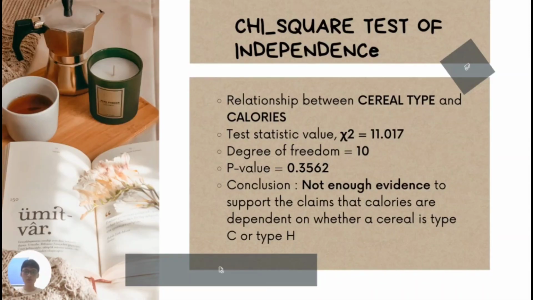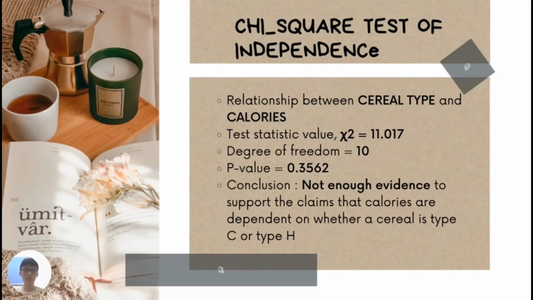Now I will explain the chi-square test of independence. We test the claim that calories are dependent on whether a cereal is type C or type H by using a significance level of 0.05. From RStudio, we obtain the test statistic value, which is 11.017.